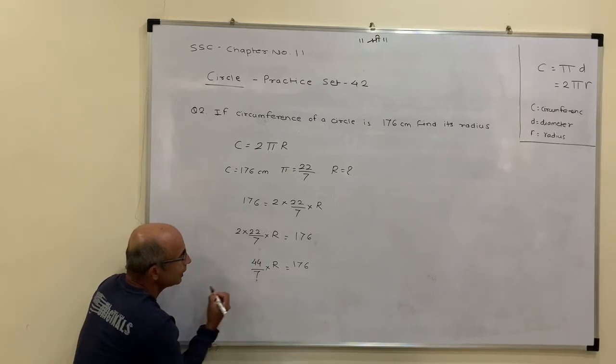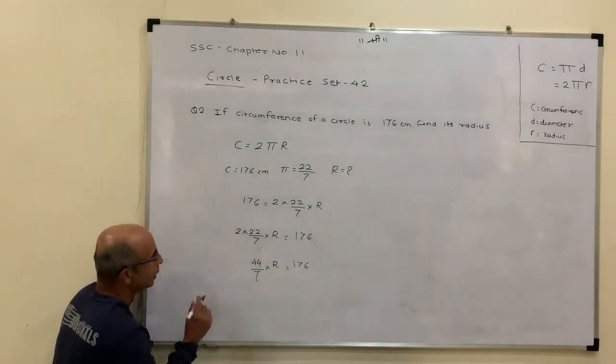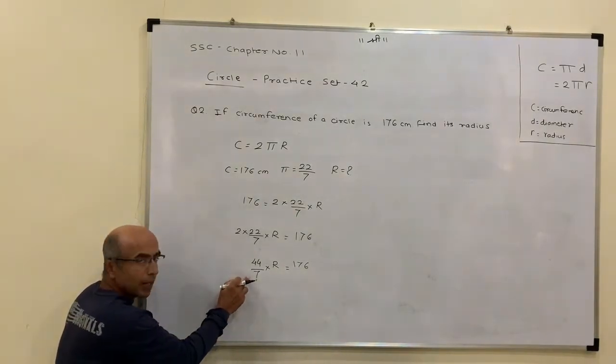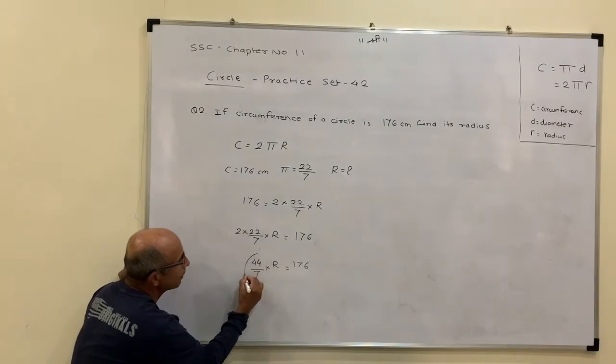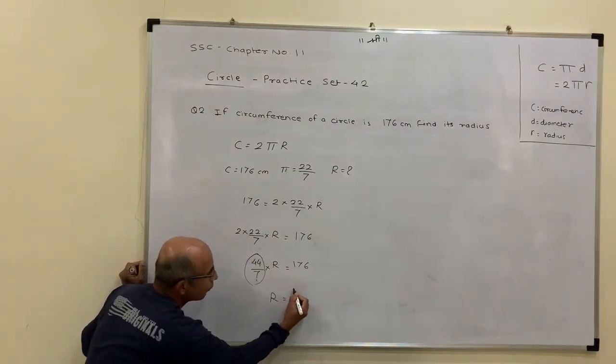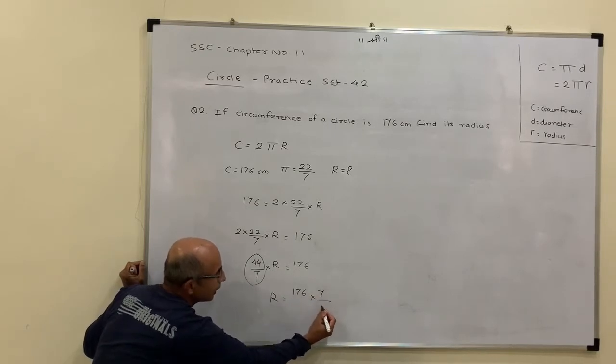Now this 7 is divided on the left hand side and 44 is multiplied. So if I divide by 44 and multiply by 7, I'll be able to get rid of this. So my r will be 176 into 7 divided by 44.